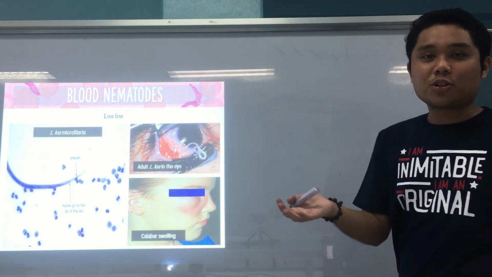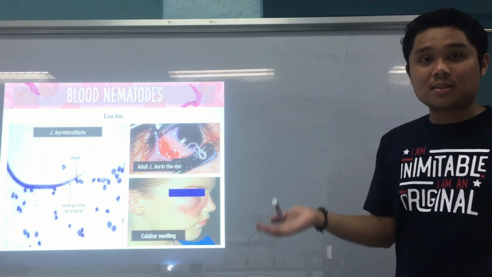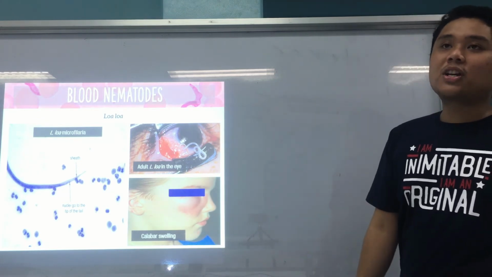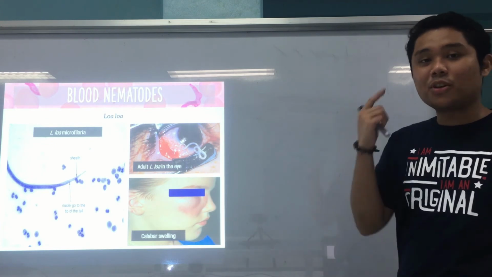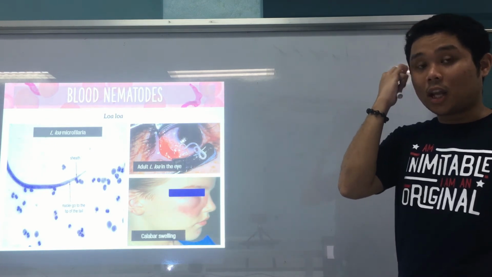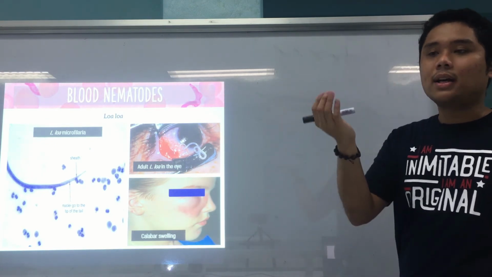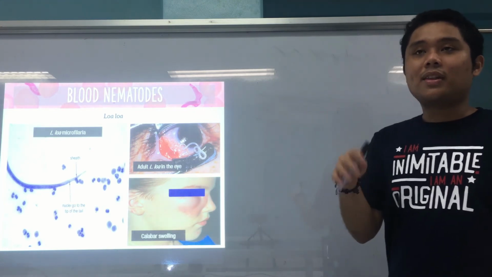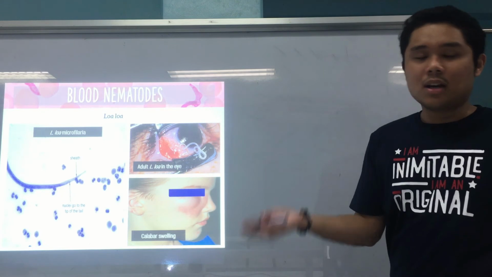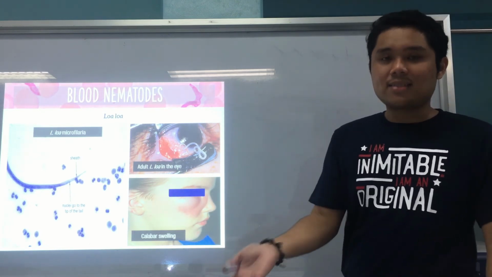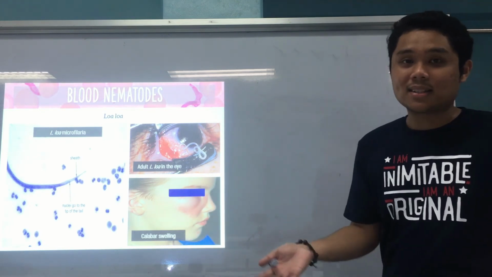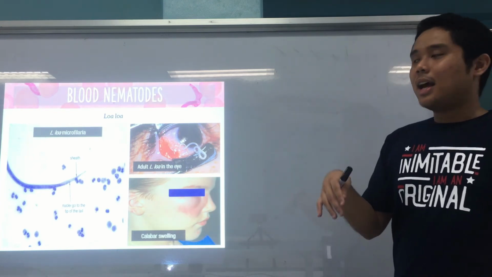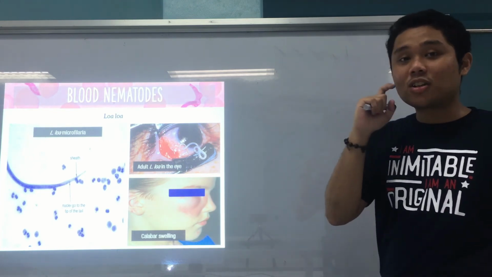Unlike Onchocerca volvulus, which really causes blindness because the worms attack your eyes, since subcutaneous tissues are their target. But for Loa, it just resides in the eye. It doesn't cause harm, or if it does, it's not intensive enough to cause blindness. It's still found in the blood, and it just migrates to your eye.